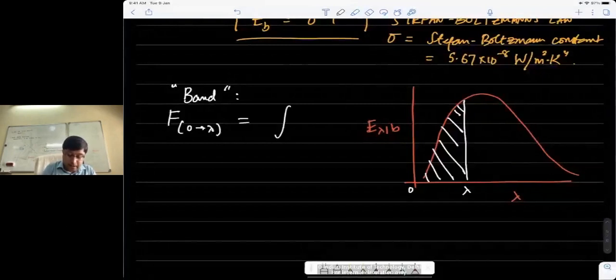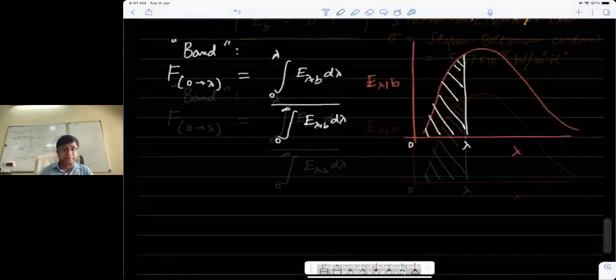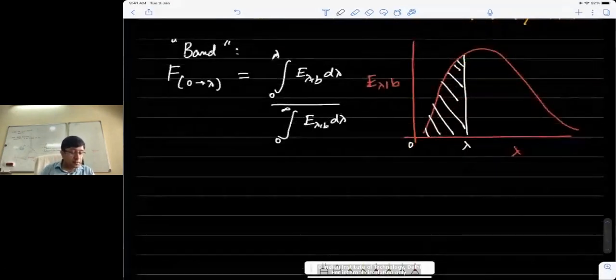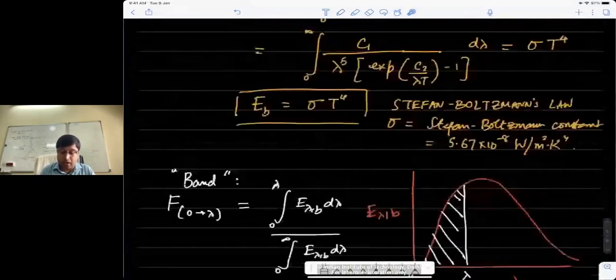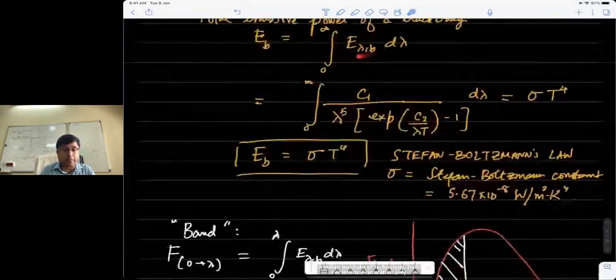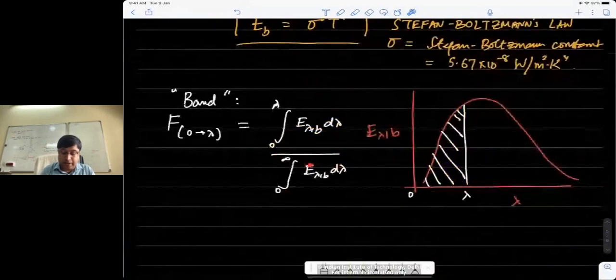We can write this as the integral from 0 to lambda of E lambda b d lambda, versus the total radiation under this spectrum. Now it's easy to see that the integral of E lambda b d lambda from 0 to infinity is sigma T to the power 4, which is what we have just done. So the denominator becomes sigma T to the power 4.